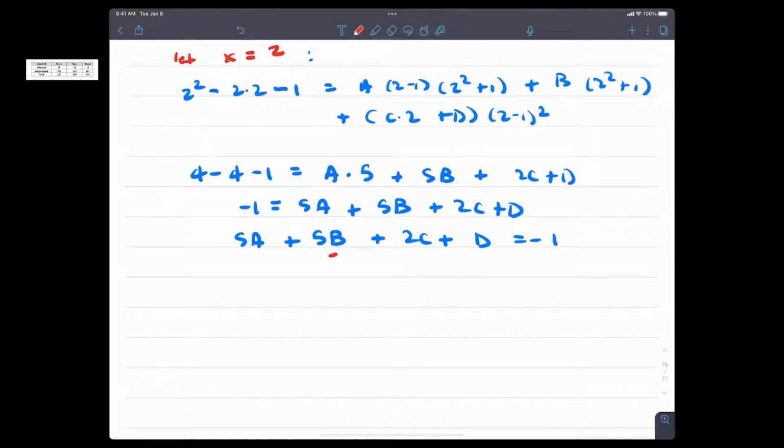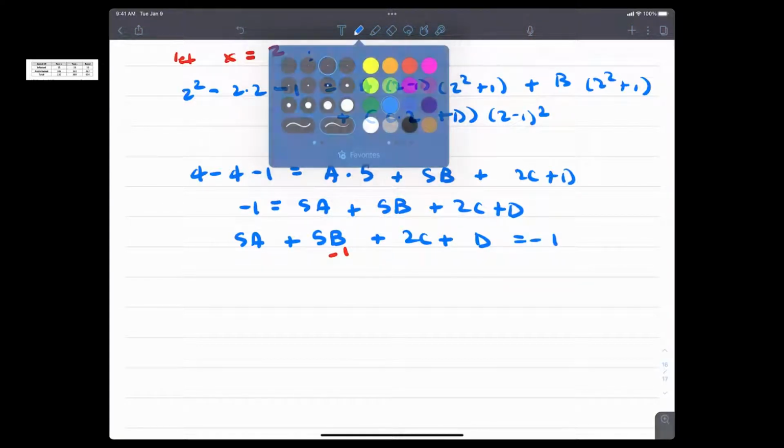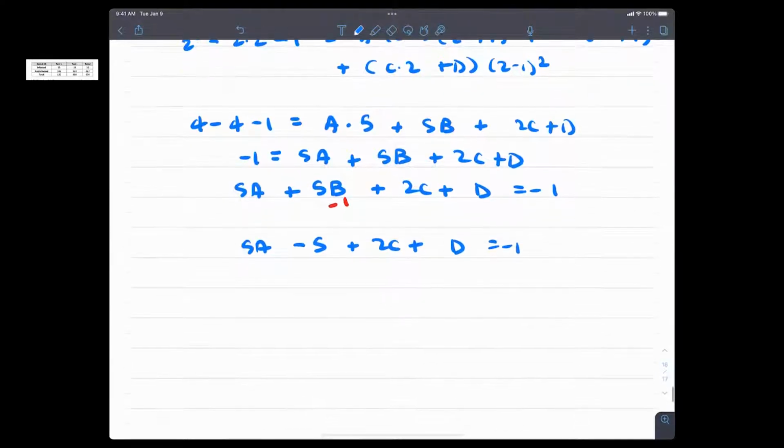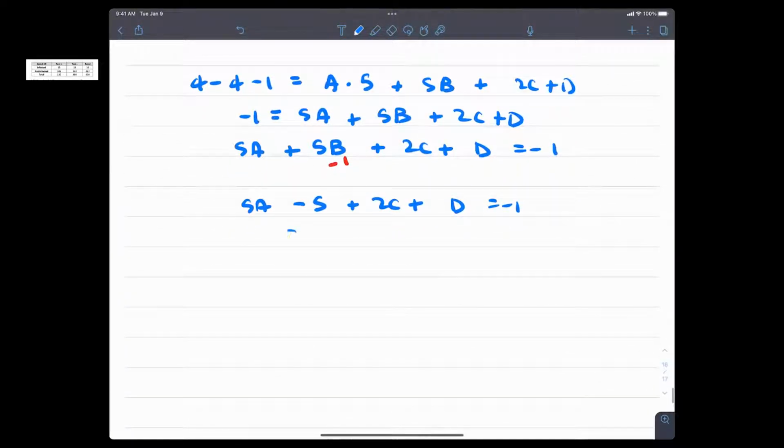What's b? All right. So 5a, I'll put every term, minus 5 plus 2c plus d is negative 1. Or we can say 5a plus 2c plus d equals, I think that's going to be 4. Is that true?